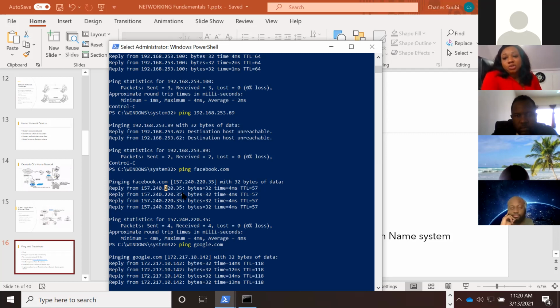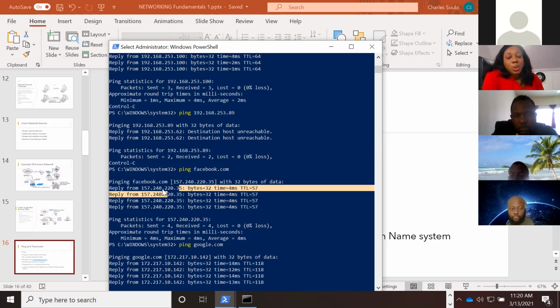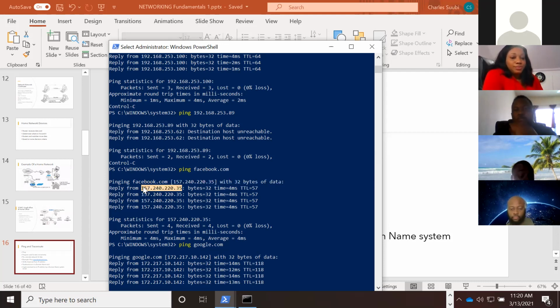And then the domain name system changes the name to an IP address for us to get to our network. All right, guys, that's one way of answering it and looking at it. Does someone else have something to add in addition to that?